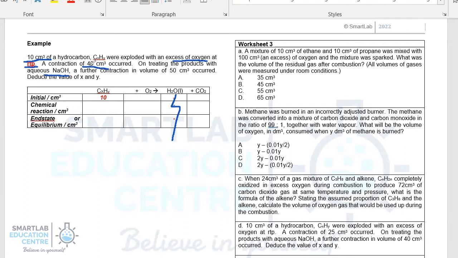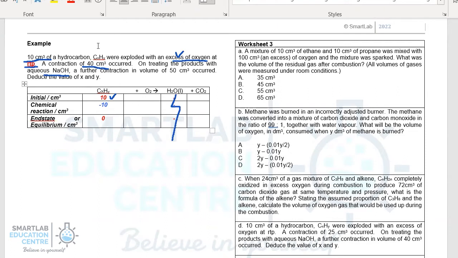So the two pieces of data, first a contraction of 40 cm³. So first we can fill the table with 10 cm³ because that is the start state. Second of all, we know that oxygen is in excess. So quite clearly, it will be minus 10 and you will end up with 0.